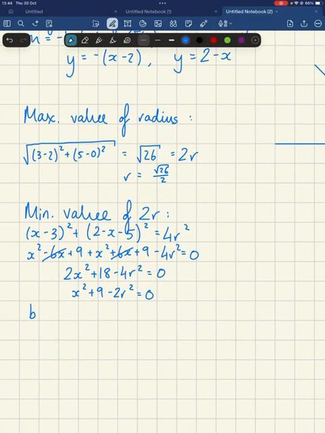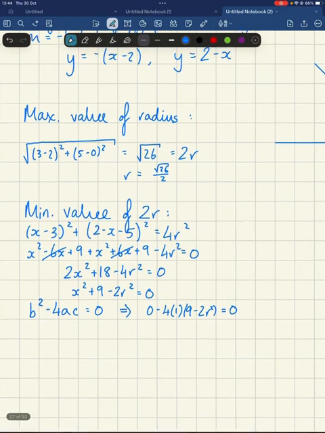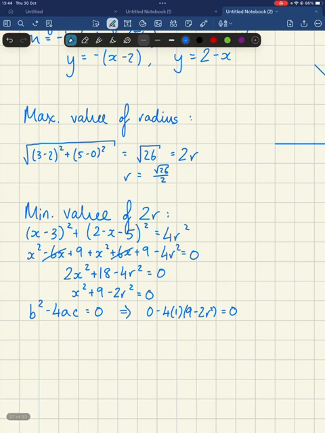So to do this, we're going to set b squared minus 4ac equals 0. So what we're going to get? Well, b squared, there's no b term because there's no x term, so it will be 0, minus 4 lots of 1, lots of 9 minus 2r squared, and that's going to be equal to 0. Well, that's going to be minus 36 plus 8r squared, so 8r squared minus 36 equals 0.